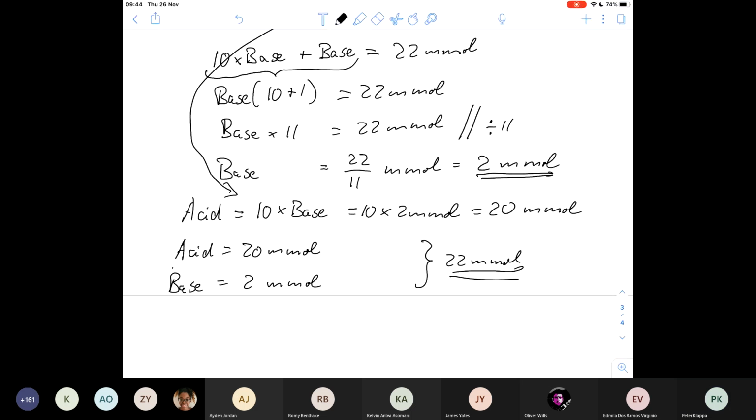And the other equation was, we looked at the ratio, and that should give us 10. So we've got 20 divided by 2, and that gives us the ratio equals 10. So we need 20 millimole of acid and 2 millimole of base.